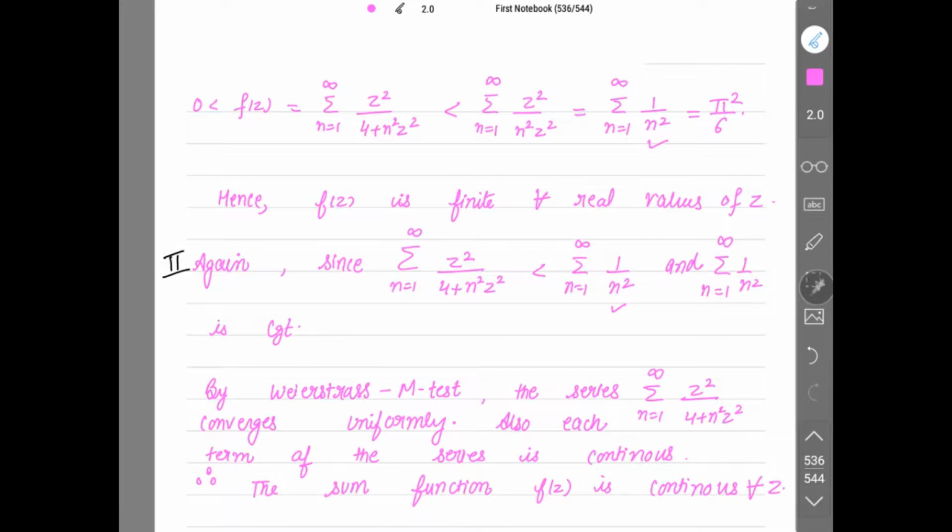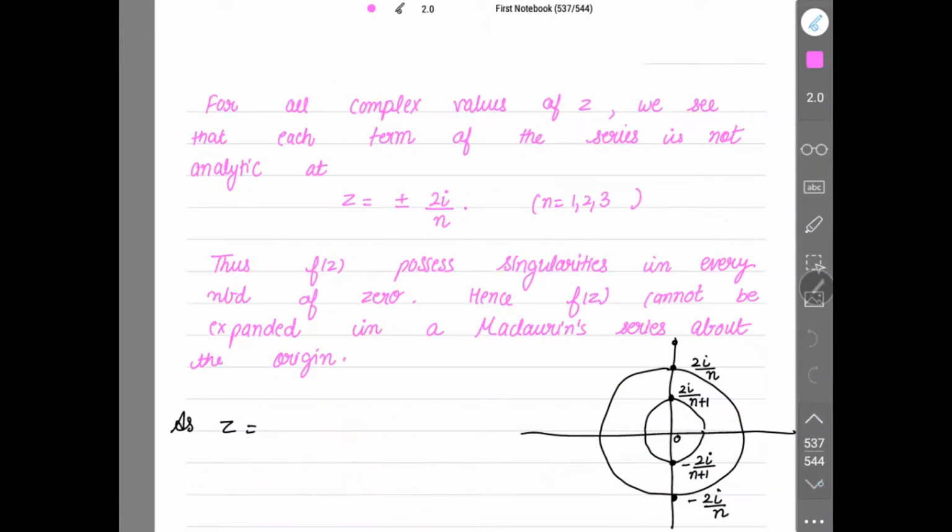Now to prove that the function cannot be expanded in a Maclaurin series. For all complex values of z, each term of the series is not analytic at z equal to plus minus 2 iota by n.